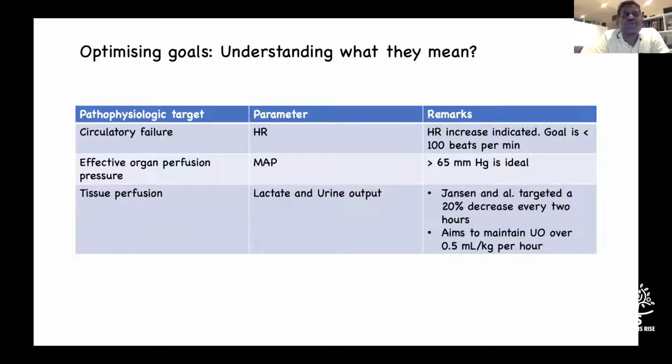Tissue perfusion is measured by using lactate, or in resource-limited circumstances, you can use the urine output. Janssen targeted a lactate decrease of 20% every 2 hours. But practically, it is not possible to do lactates every time, so we still aim for a urine output. The urine output goal most studies mention is about 0.5 ml per kg per hour.